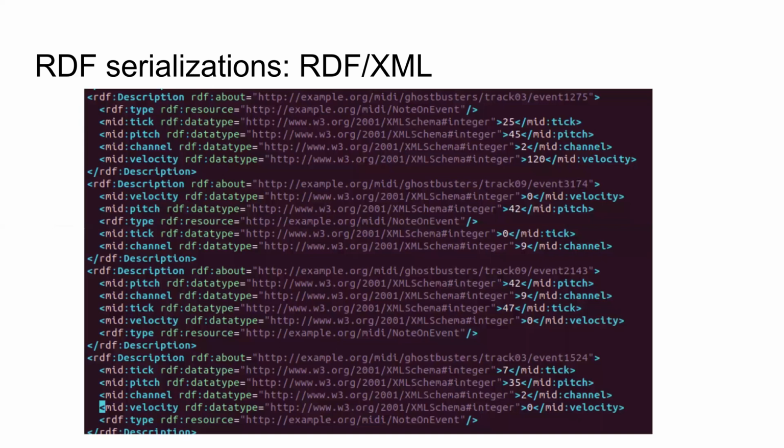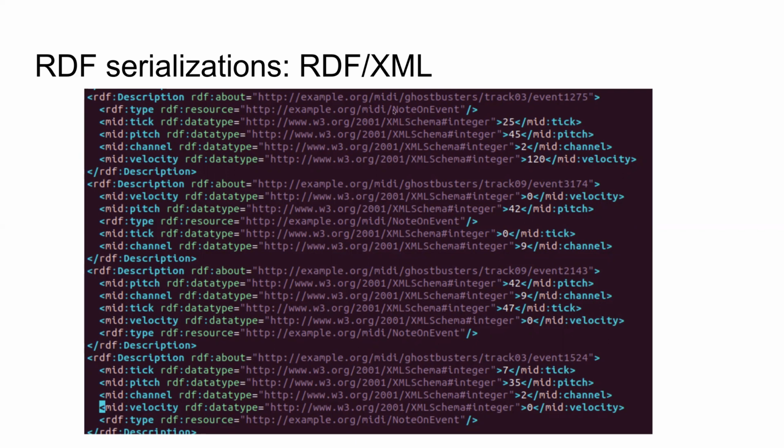To give you an idea of what we're talking about, RDF XML, this is a knowledge graph expressed in RDF XML. Here you see that there is a description about a resource. This resource is about an event. And then here you have the set of predicates that the graph knows about this event.